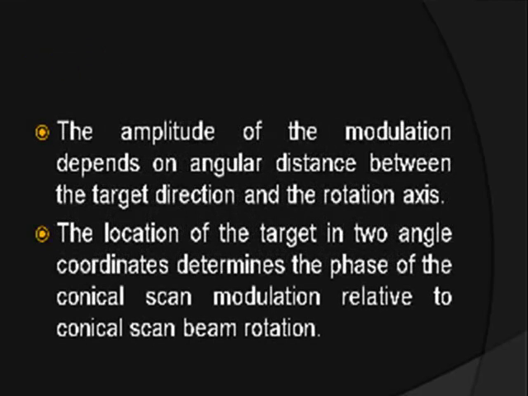The amplitude of the modulation depends on the angular distance between the target line of sight direction and the rotation axis. The location of the target in two angle coordinates determines the phase of the conical scan modulation relative to the conical scan beam rotation.